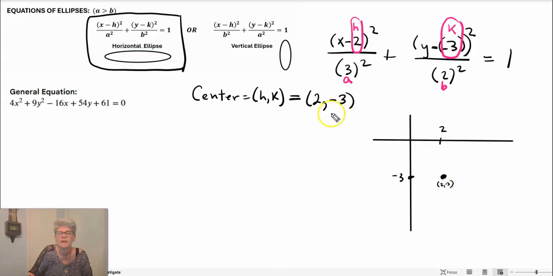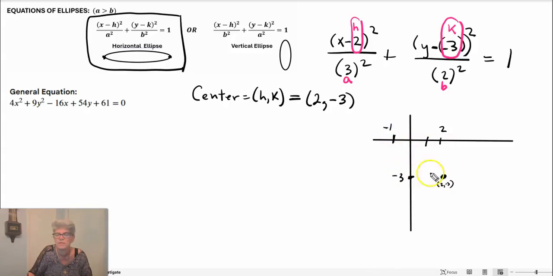Okay, now since it's a horizontal ellipse, my two major vertices are going to be A units to the left and the right of the center. So 3 units to the left and 3 units to the right. So 3 units to the left. So I'll have 2, so that'll be a negative 1.